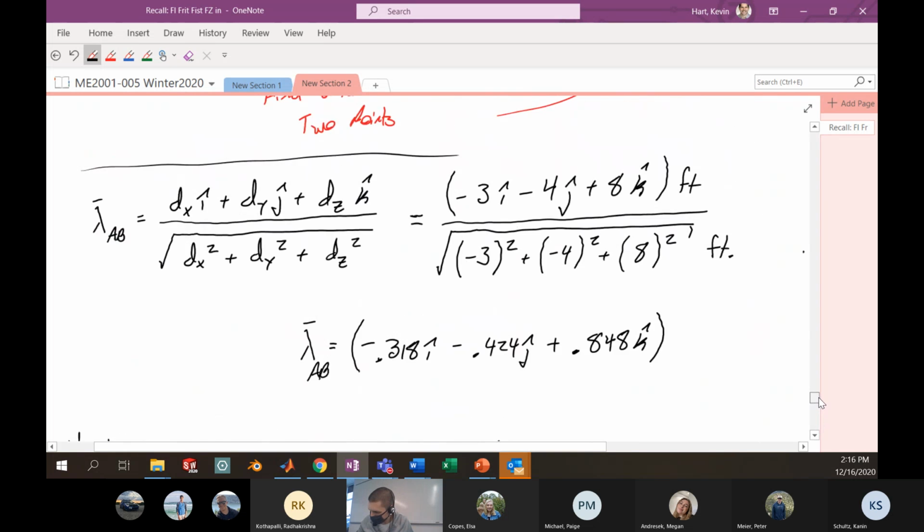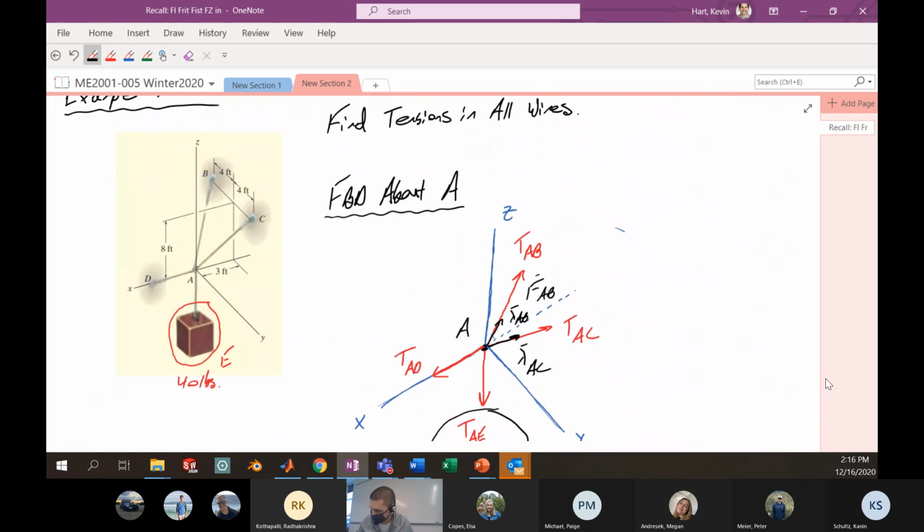So if we go all the way back up here to our photo, AB and AC are opposing each other about this XZ plane. And they're really the only two forces that exhibit anything in the y direction, right? The weight of this guy is fully in negative z, and this particular cable here is fully in x.